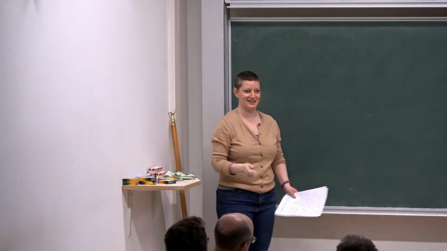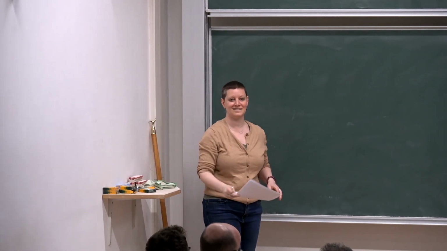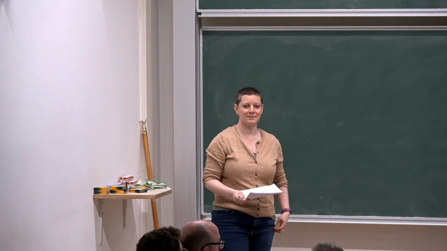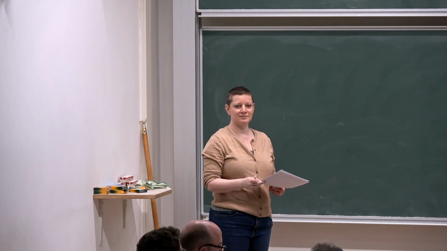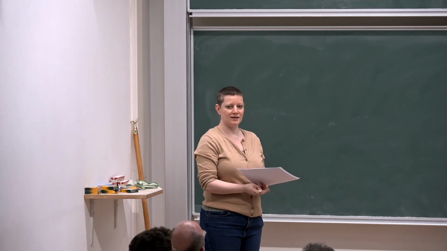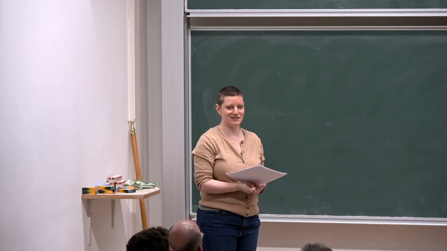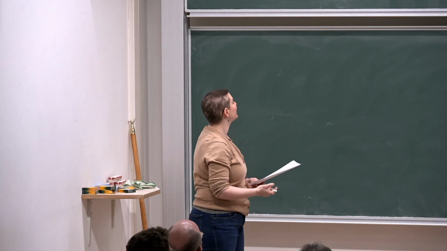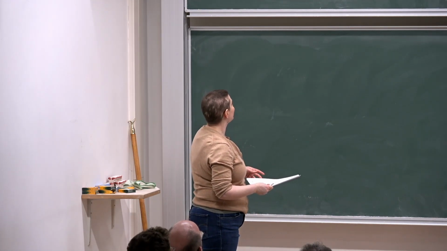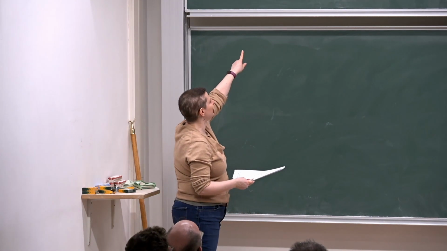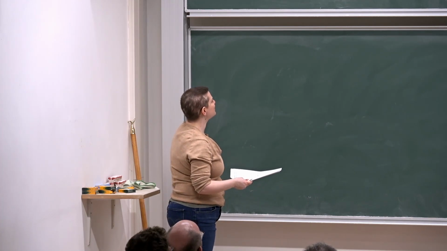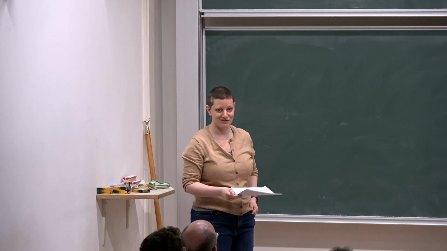Questions so far? Yeah? So for the prime 2, is it possible to have a complete description of every indecomposable module of every finite dimensional F2 algebra? No, absolutely not. So I gave an example here where this is wild unless the prime is 2, but there are wild algebras over F2.